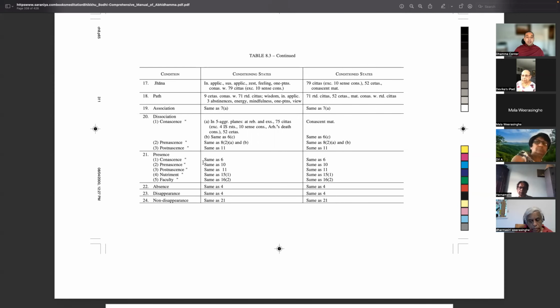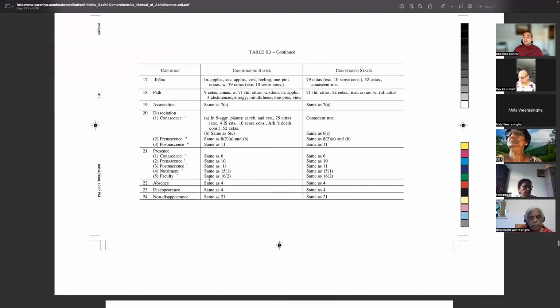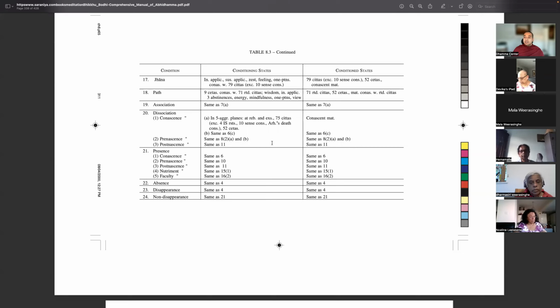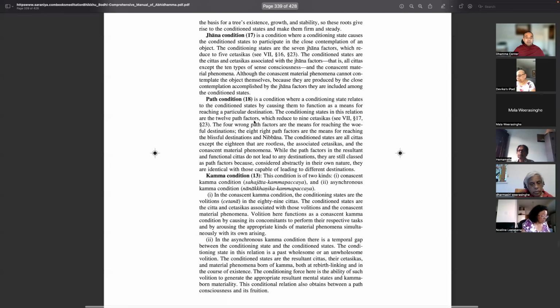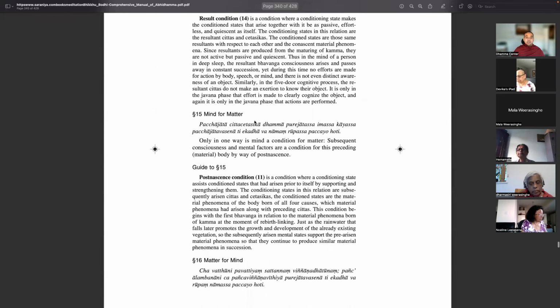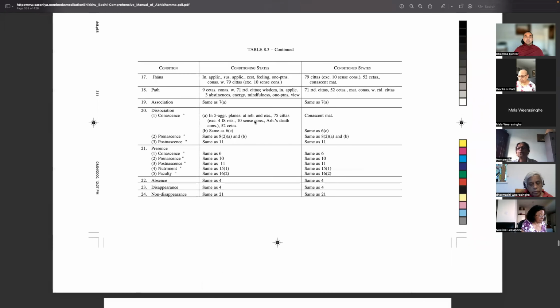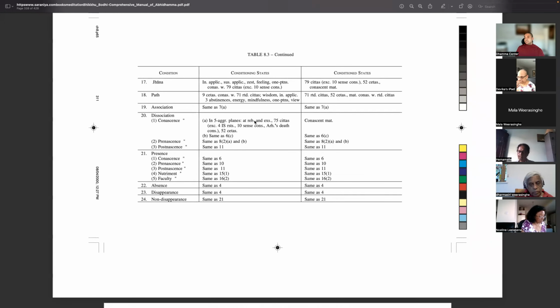All right. Absence. Absence deals with, here we see that it is the same as 4, which is anantarapacchaya, proximity cause, right?